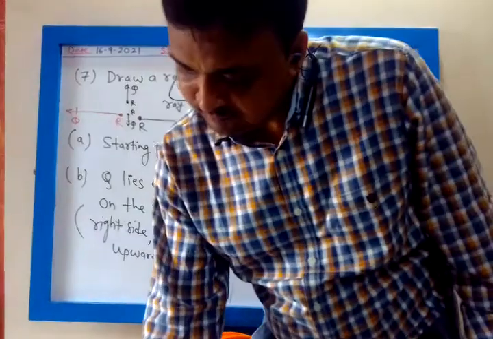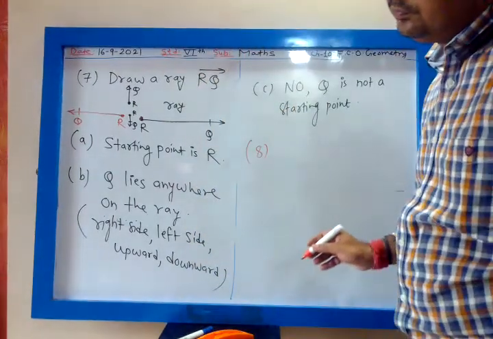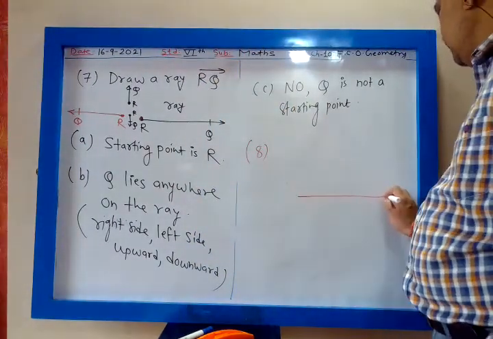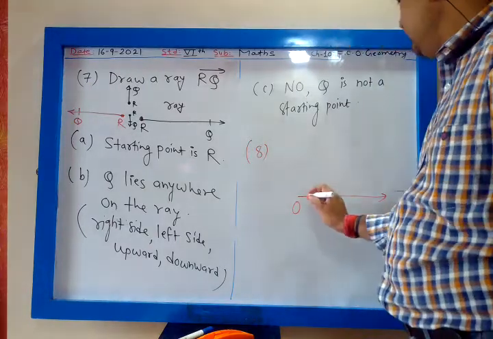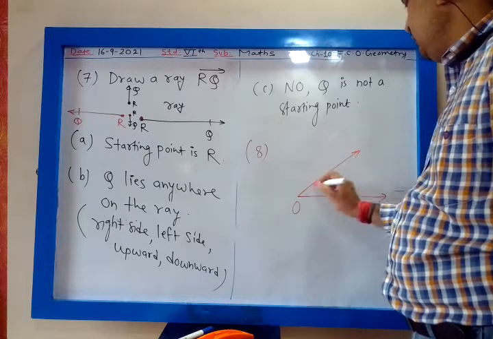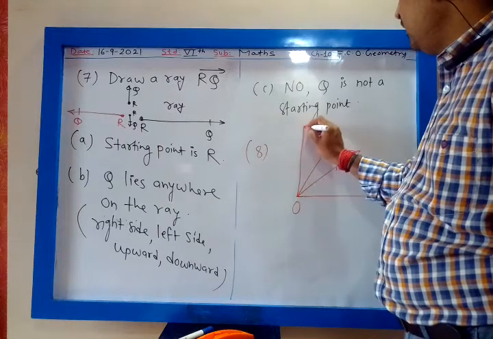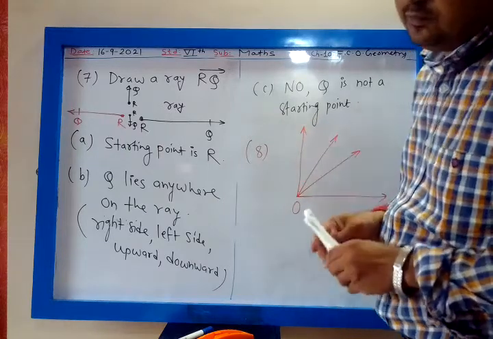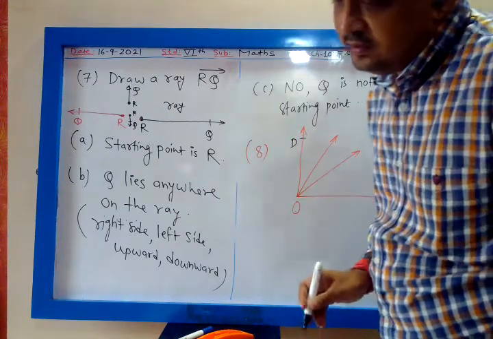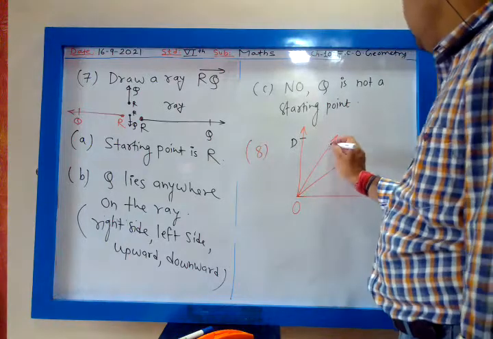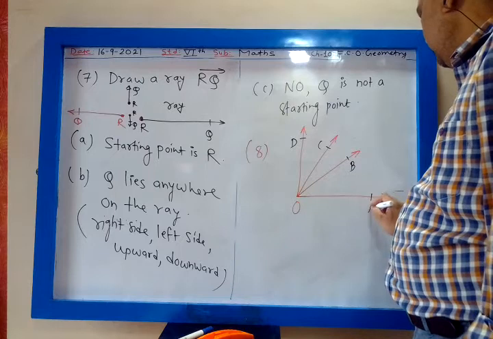Draw the diagram. O, D, then C, B, A, and this is E.